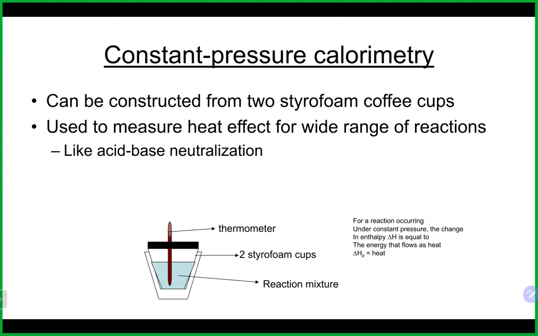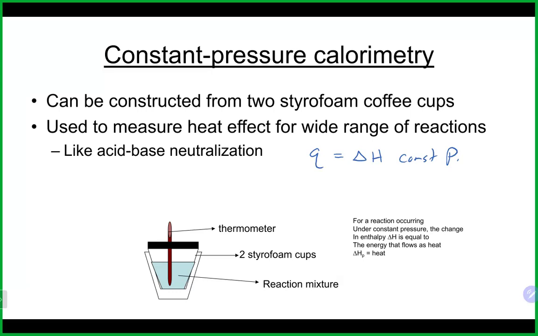And because we can basically follow what's happening with water, either the water's absorbing the energy or releasing it, we can really figure out how much energy is being given off. And if you do this under constant pressure conditions, your Q will equal your delta H at constant pressure, which is in most cases, since the pressure doesn't change all that much in the room you're doing it in. So that usually is a constant pressure type situation.